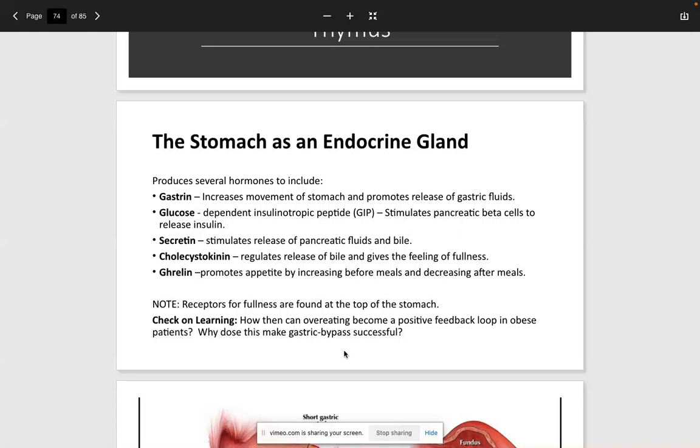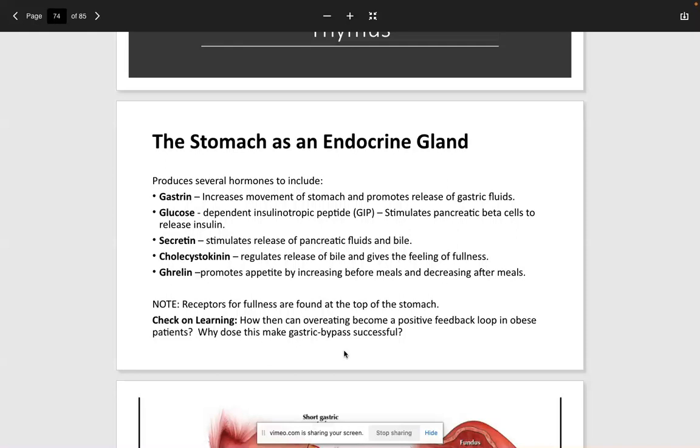CCK or cholecystokinin, this causes the gallbladder to contract and release bile. So if someone were to come in with right upper quadrant pain radiating into their shoulder or their back after eating a rich meal, what's the diagnosis? If you're telling me that this is a gallbladder attack, then that would exactly be right.